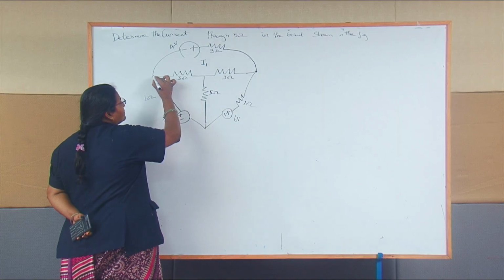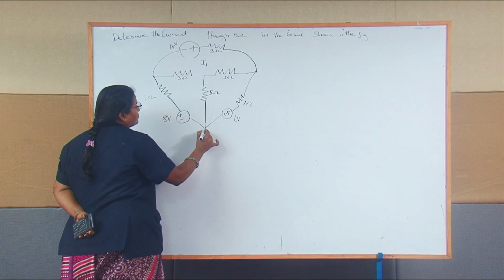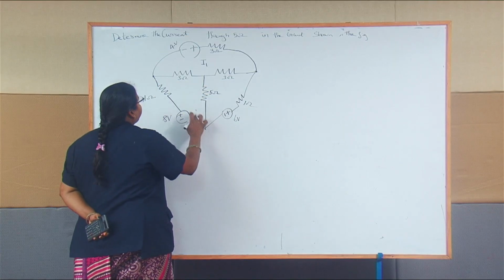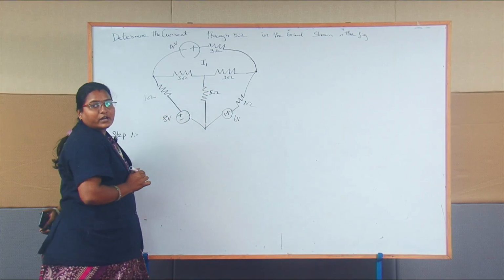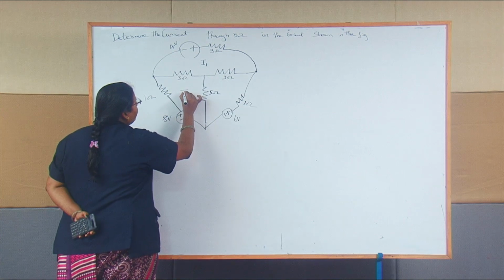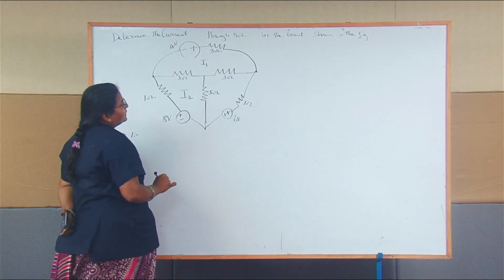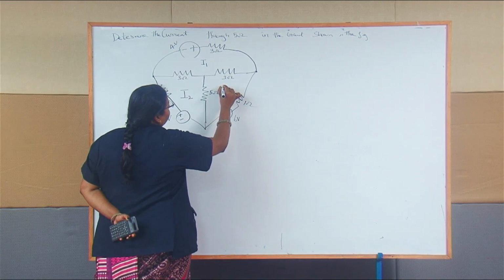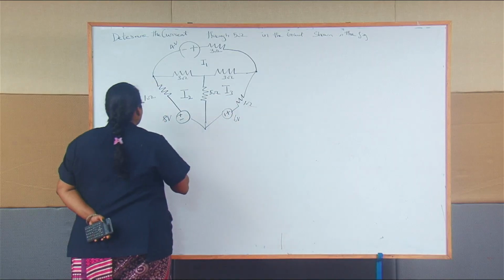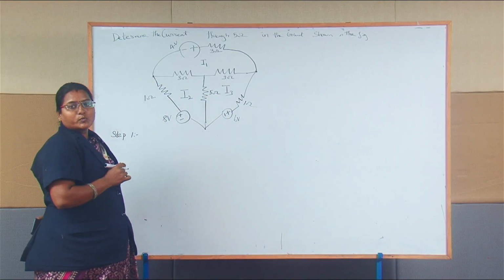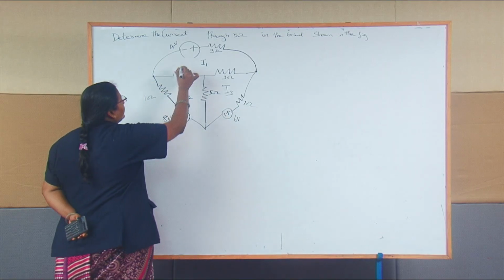Similarly, this point, this point, this point. It will start from here, it ends here. So I am going to consider this loop as I2. Then this loop as I3. So totally 3 loops in the circuit.